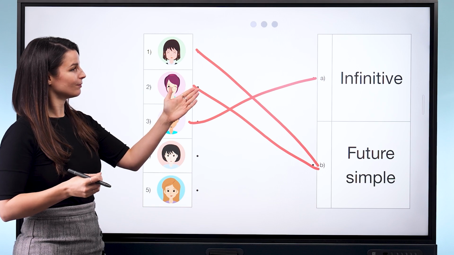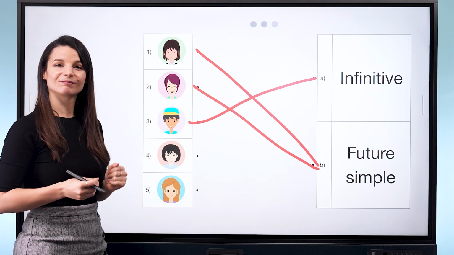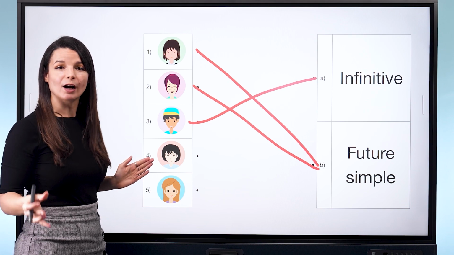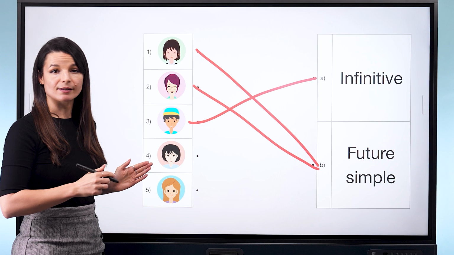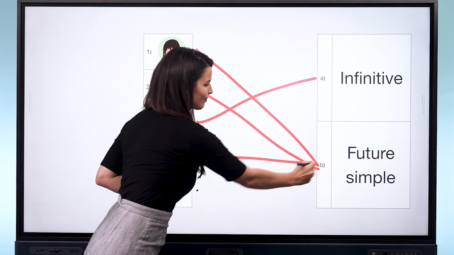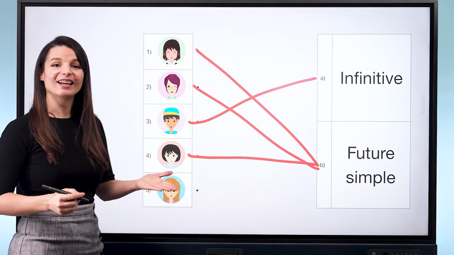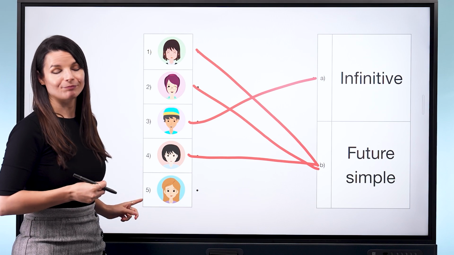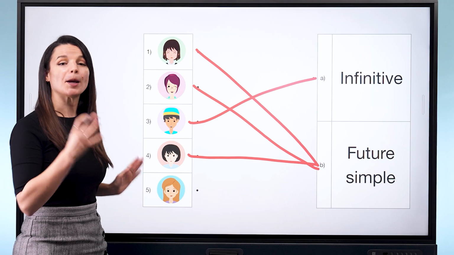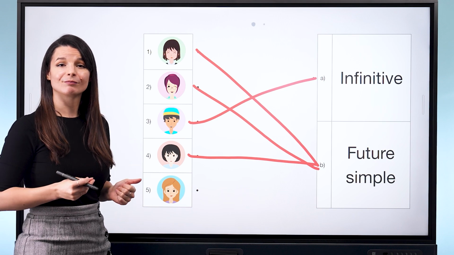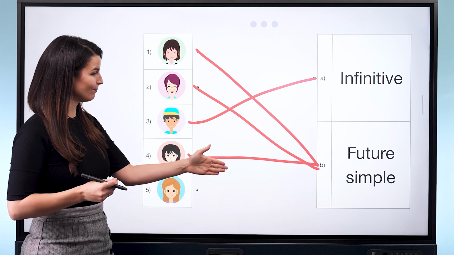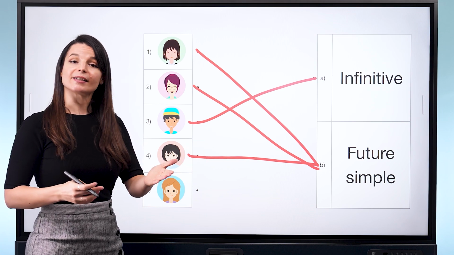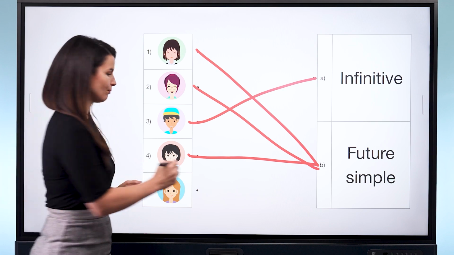Did you hear? I'll wash. I will wash is in the future simple tense. And I promise to study very hard. Did you hear to study? To study is an infinitive verb.